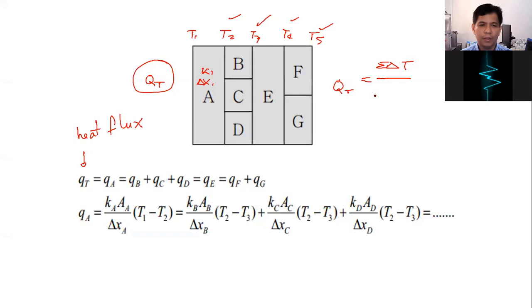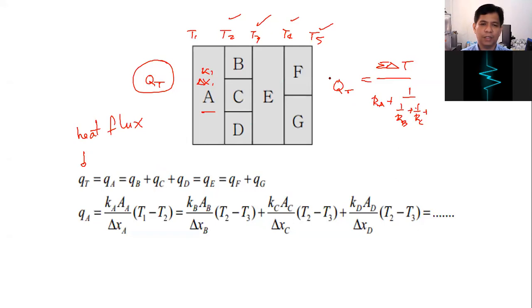You just put RA here, and then for the next, put 1 over RB plus 1 over RC plus 1 over RD, and so on.